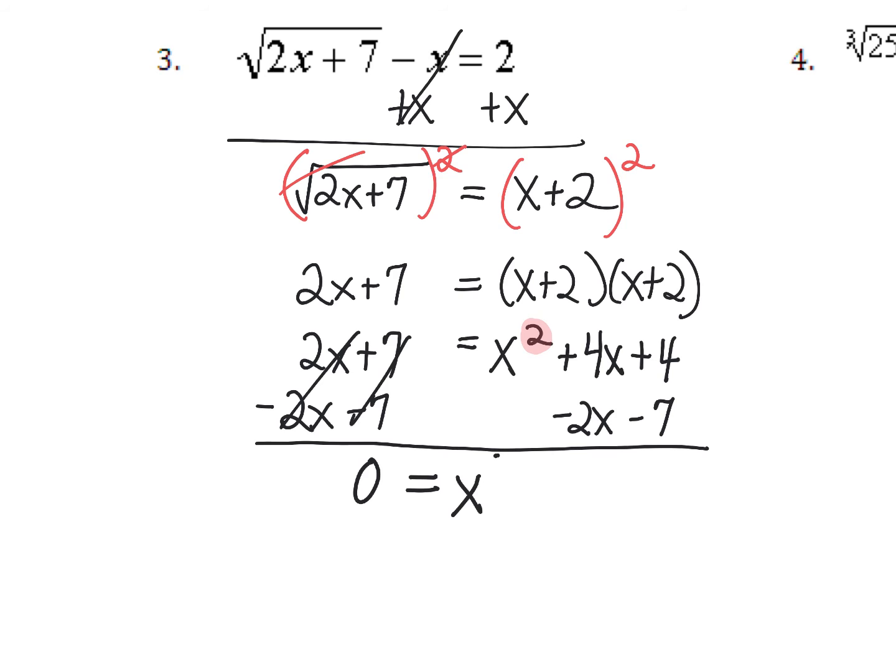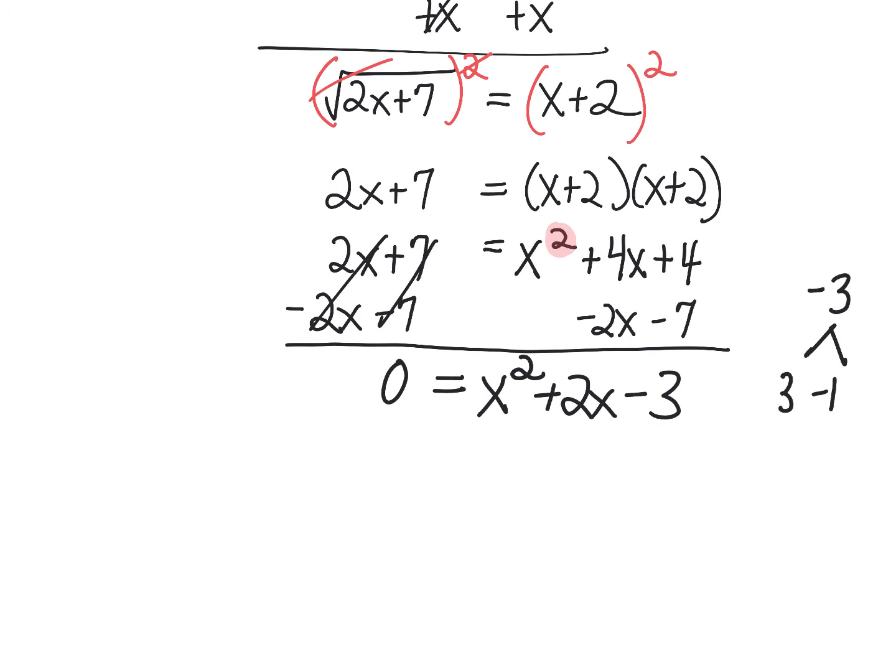I thoroughly enjoy it. So we got 4x minus 2x. That is 2x. And then 4 minus 7 is negative 3. Then you could do AC bust up B, right? So factors of negative 3 that make positive 2. That'd be 3 and negative 1.